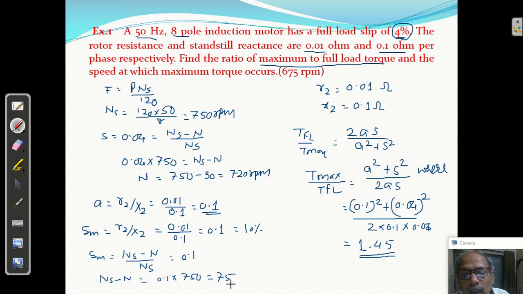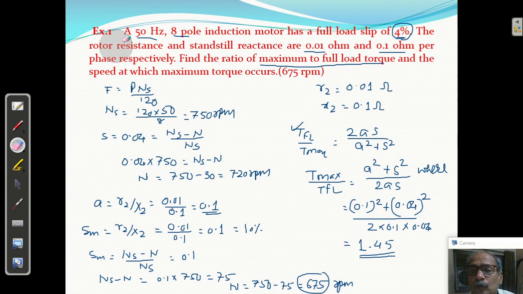So N equal to Ns minus 75, which is 750 minus 75, equal to 675 rpm. So in this way you can calculate N. We know this formula, and based on this formula we can solve the problem.